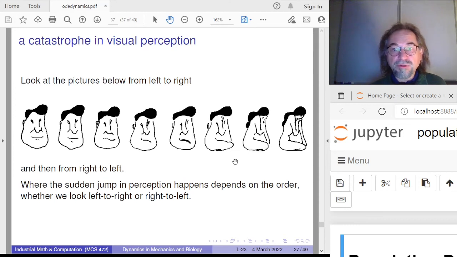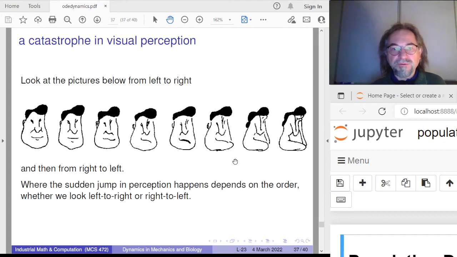Now if we look at the same picture from the right to the left, then at some point we will no longer see the shape that is at the right, but we will see the face again. Now the remarkable thing is, if you look from the left to the right, then it's only towards the fifth picture that you will see the shape.